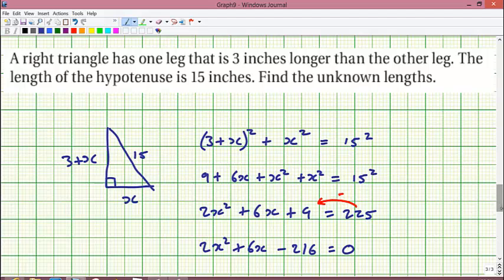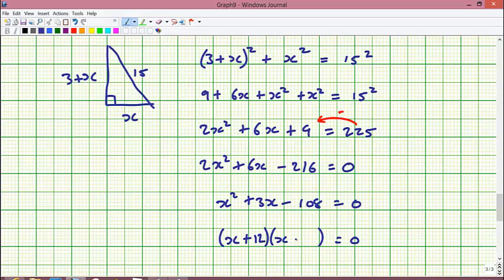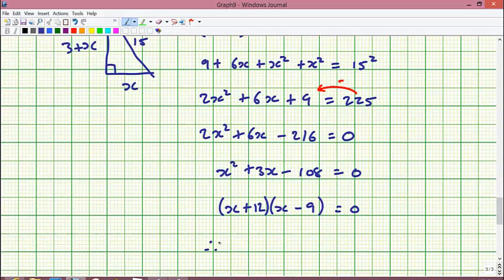If we simplify this, we can divide by 2. And then we can factorize. And therefore x equals negative 12 or 9.